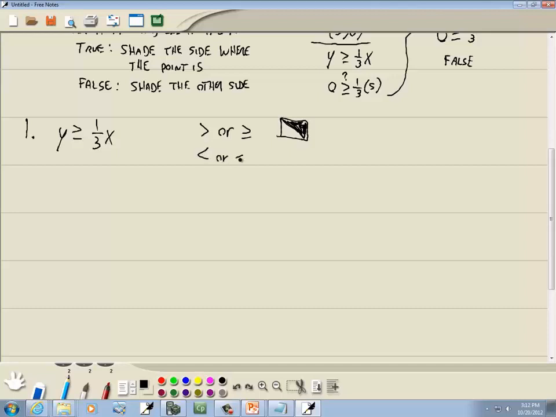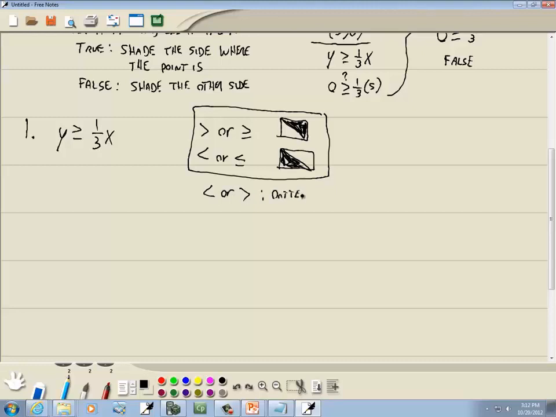If you have a less than or less than or equal to, you're looking at the lower left hand triangle. If you have a less than or greater than, it's going to be a dotted line. The calculator does most of this for you. It just doesn't do the dotted and solid. And if you have a less than or equal to or greater than or equal to, then you'll have a solid line.